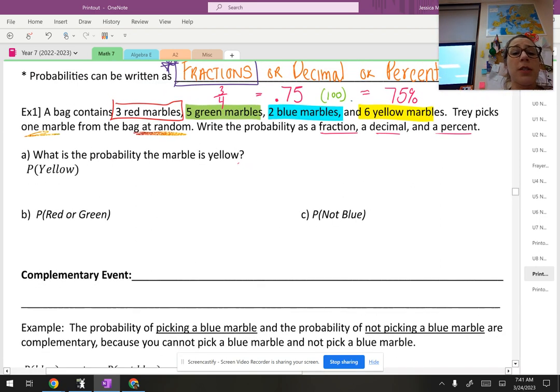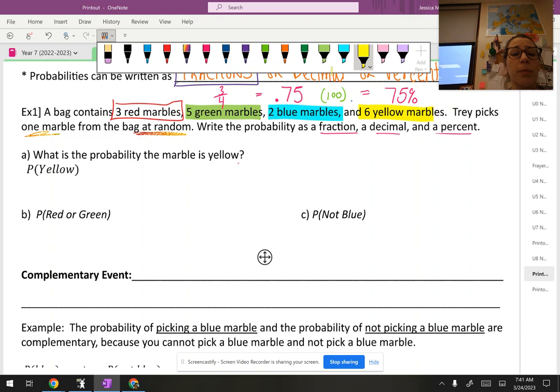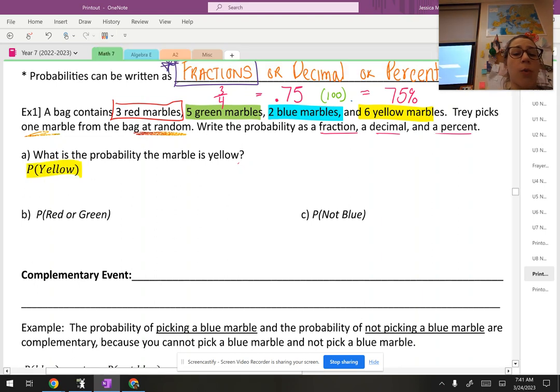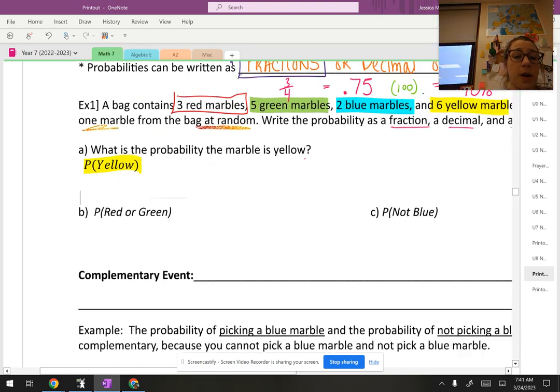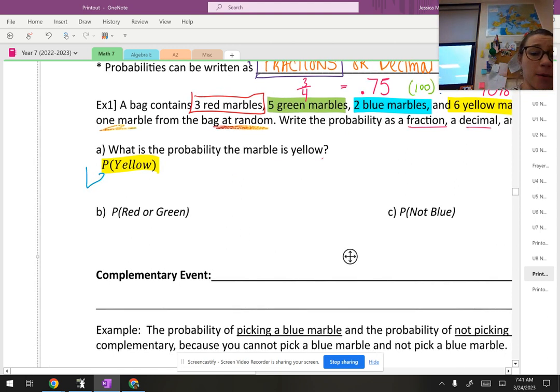Okay, so what is the probability that the marble is yellow? So I just want to take a second to talk about this notation here, because this does not mean multiplication. And that's worth making note of. This is not multiplication. For the first time in your mathematical career, that parentheses does not mean multiplication.